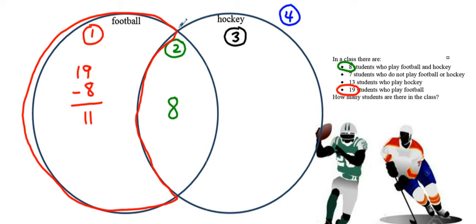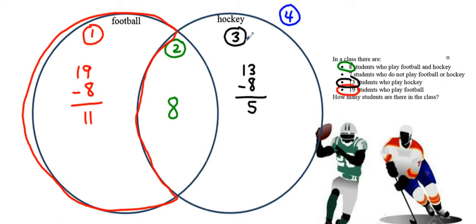For the hockey, section 3 is hockey only. So if there are 13 people who play hockey, the entire hockey circle has to be 13. So to get section 3, which is hockey only, you have to subtract the 8 to give you 5.